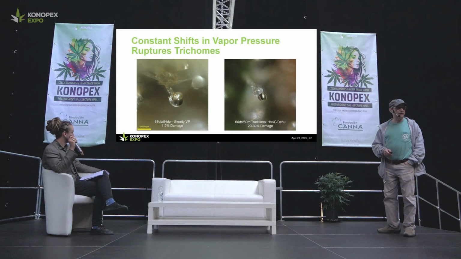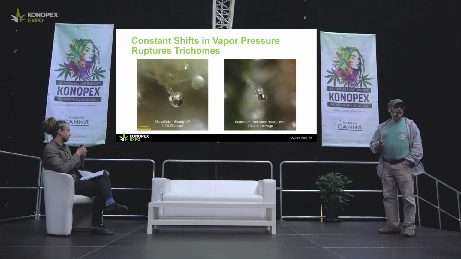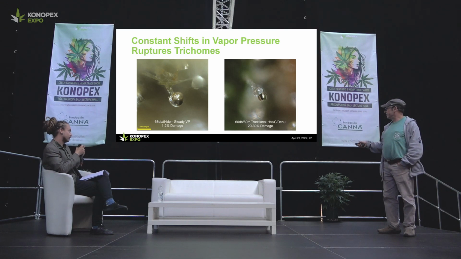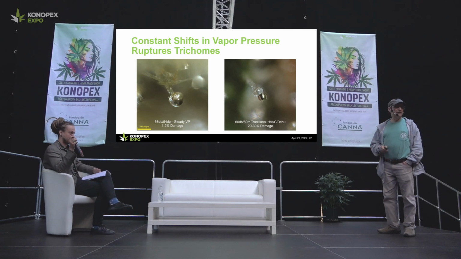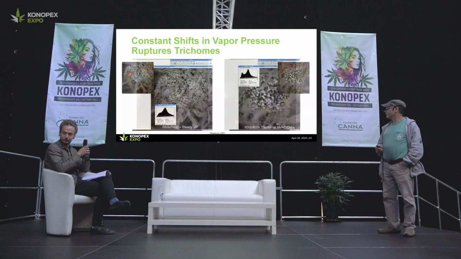So what we've learned is that with conventional systems using air conditioners and dehumidifiers, the vapor pressure fluctuates, and 20 to 30% of the trichome heads rupture. By keeping the vapor pressure constant, only 1 to 2% of the trichomes were damaged.